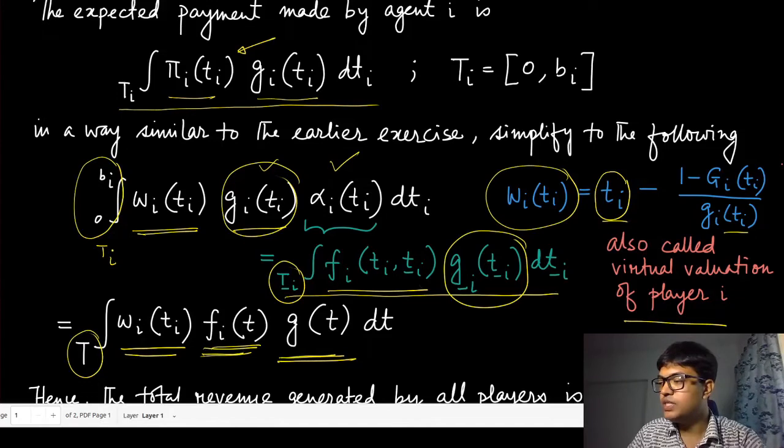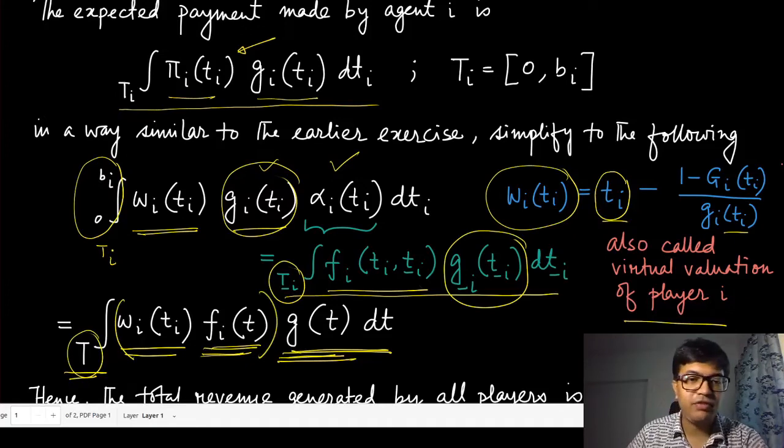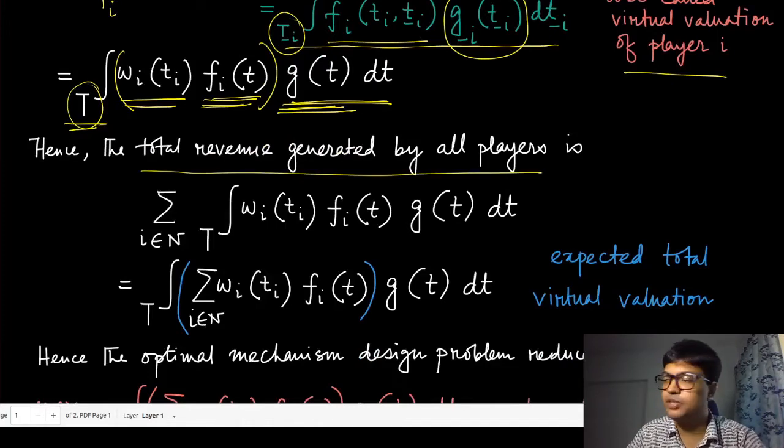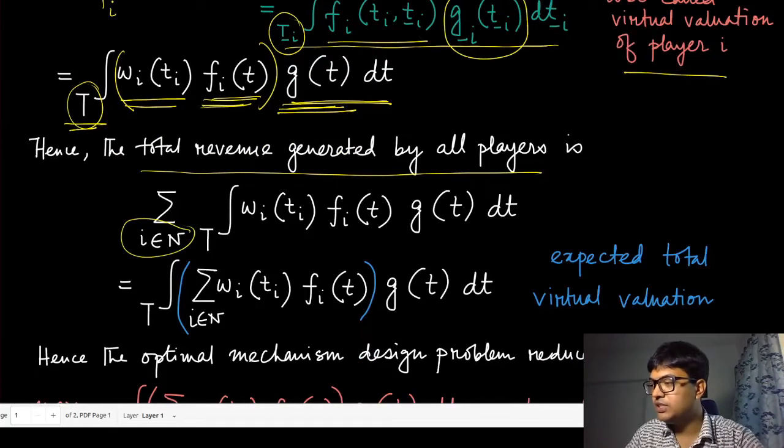Now what we see is that this is a common term for all the players, and this part is dependent on that player. So we can write the total revenue generated by all the players by taking the summation over all these agents, and we can interchange, because this part as we said is independent of any player, so we can shift the summation inside and write this to be the expression that we were trying to maximize.